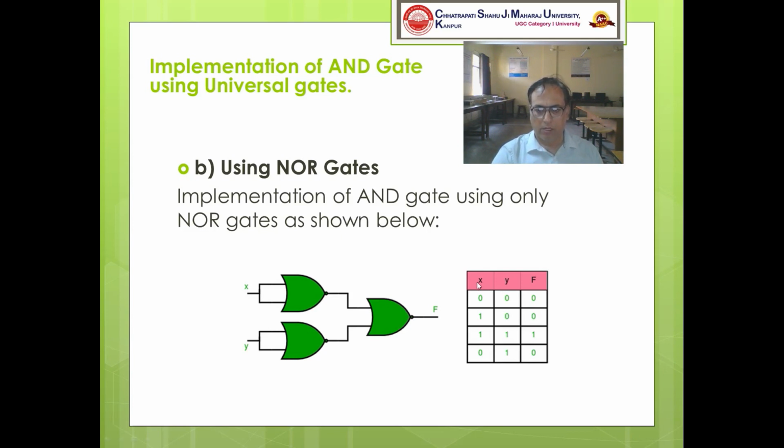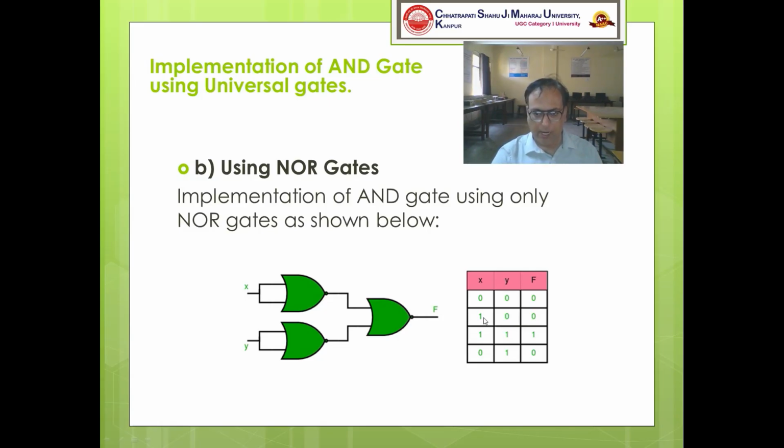Now, if I apply 0 and 0 to this NOR gate, it will give an output of 1. Similarly for Y, if both the inputs are 0, you will get 1. Now the inputs 1 and 1 to the third NOR gate give 0, so the final output will be 0.